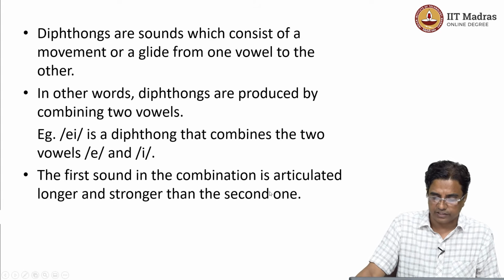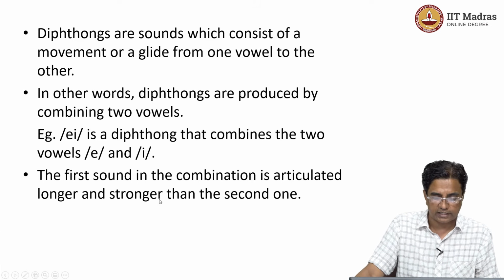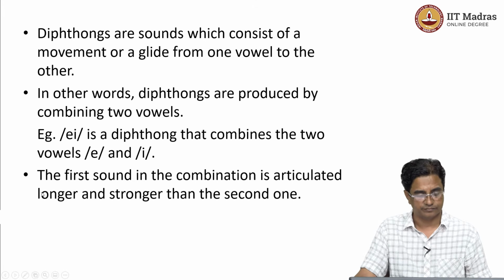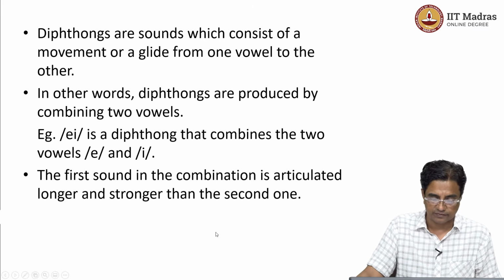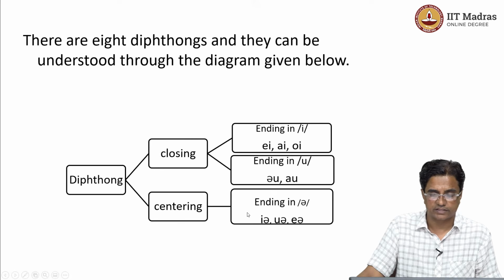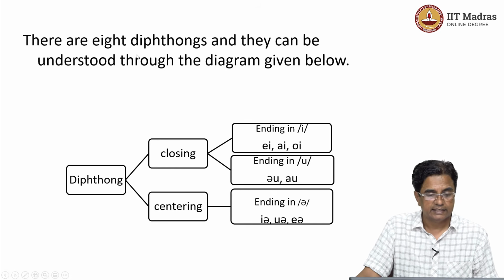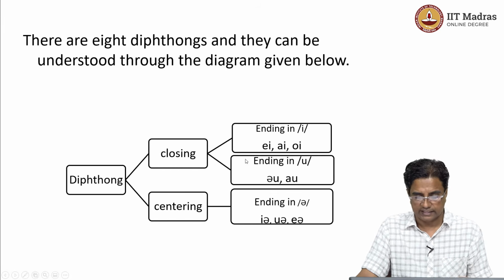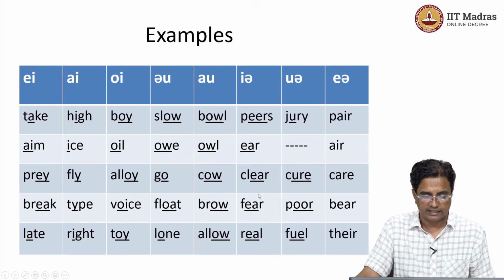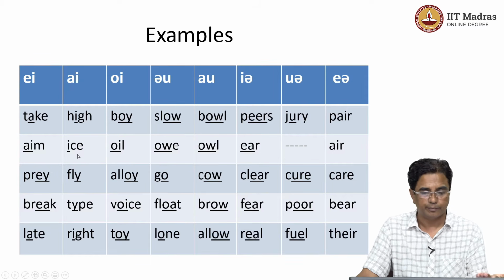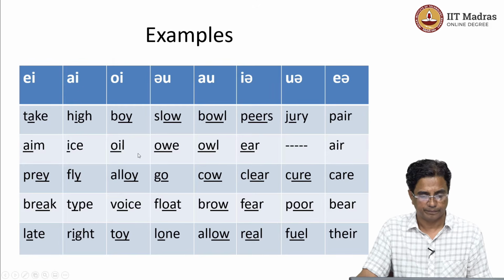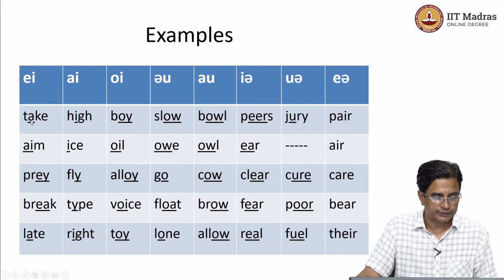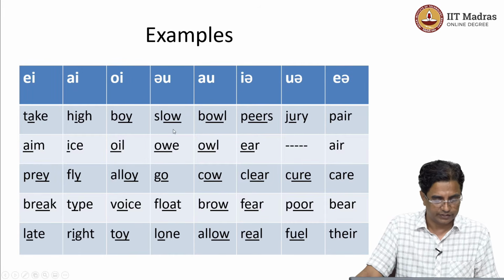The first sound in the combination is articulated longer and stronger than the second one. And in terms of length, they are like long vowels. So you have seen 8 diphthongs, and this is what they are. And see more examples of them. So take, you have already seen. High. Boy, you have seen.